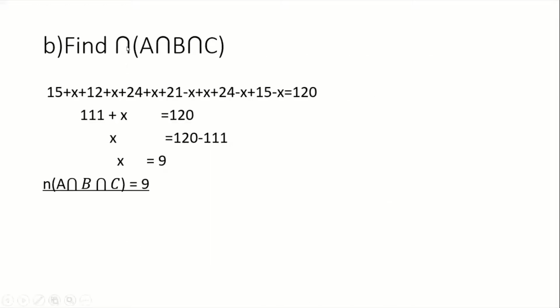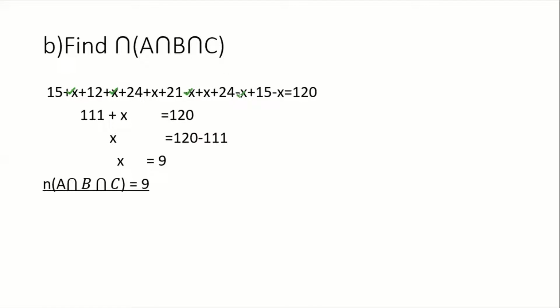So here we shall collect like terms. If you are to collect like terms, we shall look out for the x's, we put them alone, and also the numbers, we put them alone. So we have a plus x here and a negative x. Eliminating that, giving us a 0 for that. Then a plus x here and a negative x here.